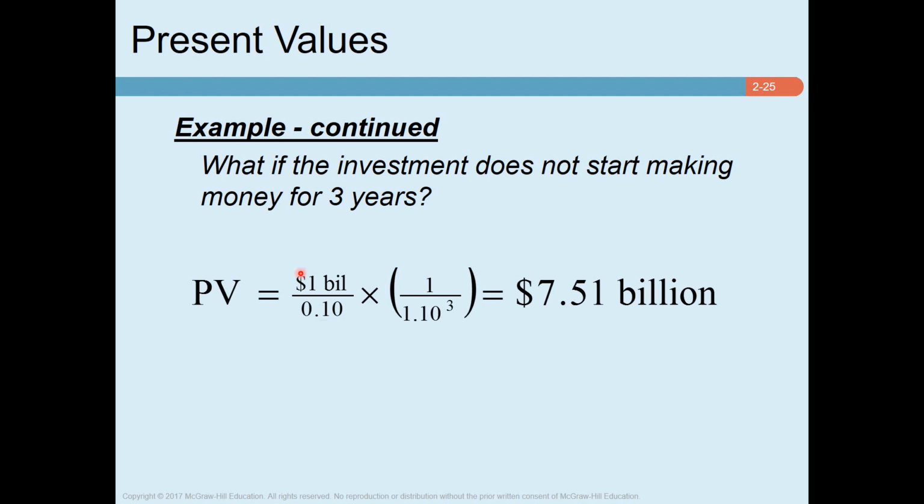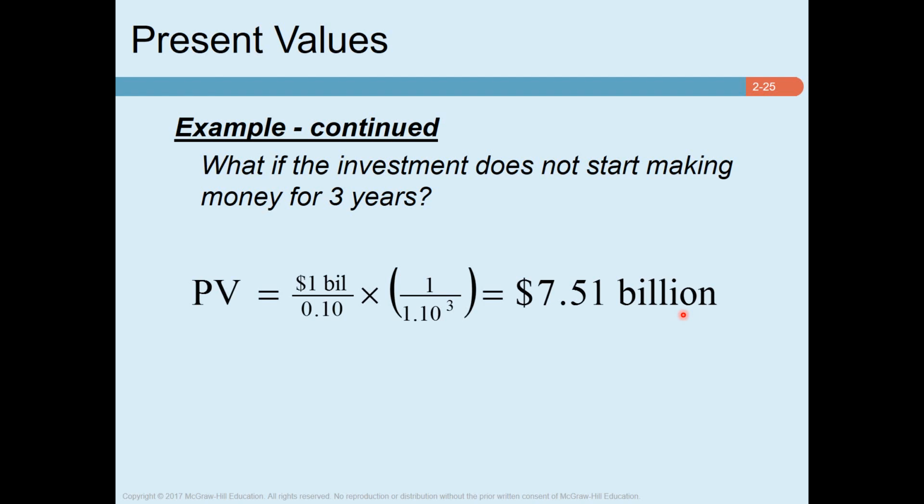Since this is the present value of the cash flow 3 years from now, we again multiply it by a present value factor, which is 1 divided by (1 plus interest rate) to the power 3. So this present value factor is multiplied by the present value to get the present value at time period 0. I repeat, this is the present value of the perpetual cash flow in year 3. And this is the present value of the cash flow in year 0, I mean now.